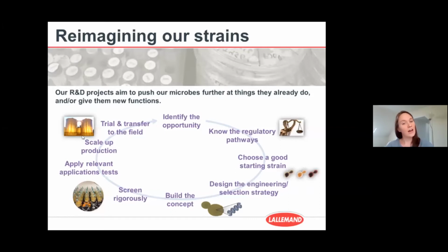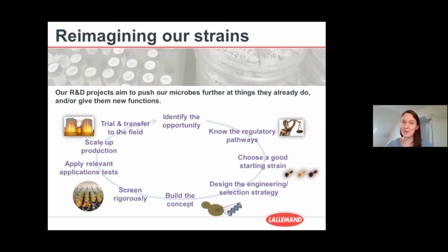And then a really important next step is, in addition to doing all of those application tests, you want to make sure that you can scale up production, because if you're going to have a very successful product, you're going to have to make a lot of it. And you want to make sure that your microbe can actually go through that process. And a lot of times that process looks quite different than the end application for your product.